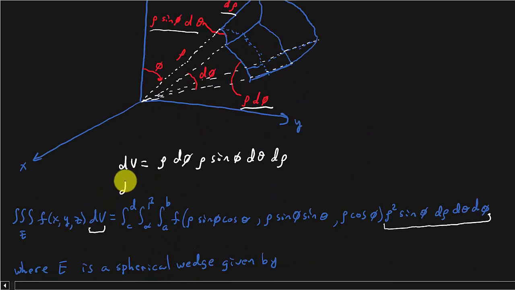We'll rearrange everything: rho times rho gives me rho squared times sine phi, and then d rho d theta d phi. And there's your dv. That's where that comes from.